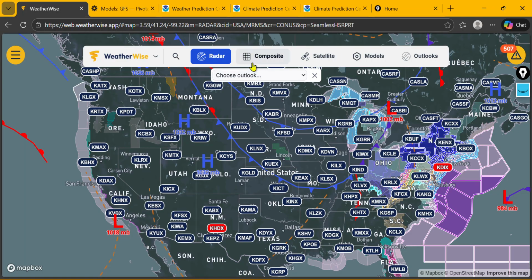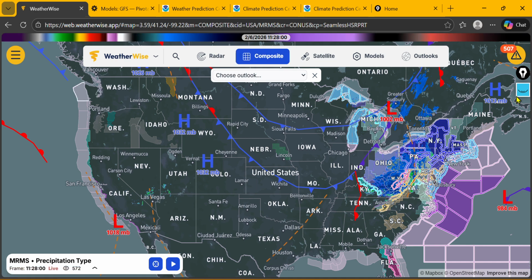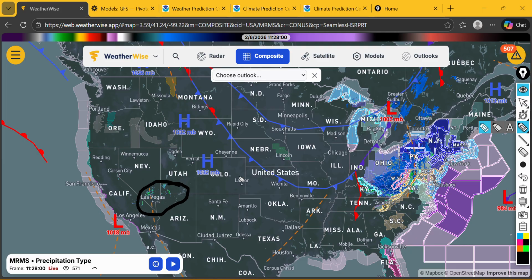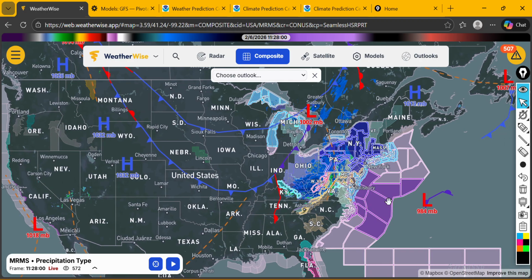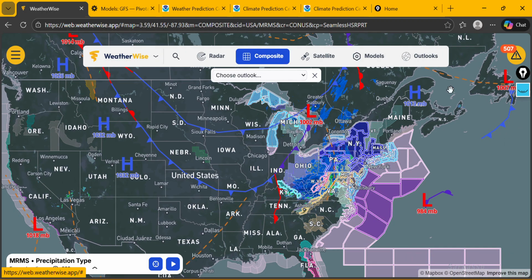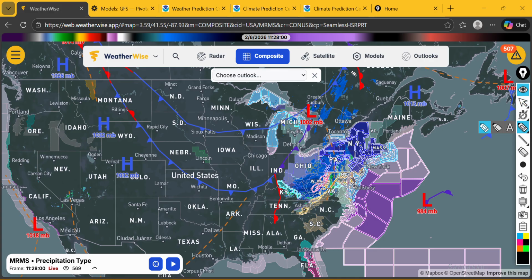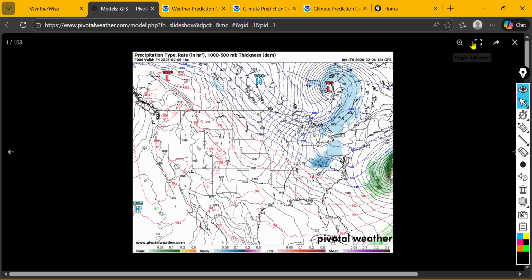Other than that, we basically don't have anything else to talk about on the current radar, as the only other thing is some scattered rain showers across the Four Corner states, the western two of the Four Corner states, Utah and Nevada... So that's it. We do have a little bit of lake effect snowfall moving through. I do believe that's lake effect snowfall. So that's it for that.